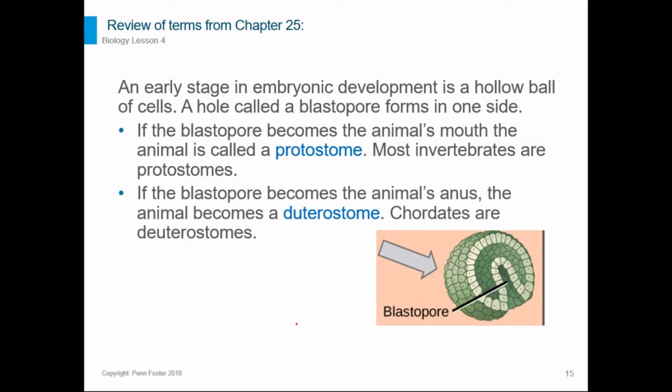If the blastopore becomes the animal's anus and the mouth develops later, the animal is a deuterostome. So a few invertebrates are deuterostomes, and all chordates are deuterostomes. So fun fact, you as a human are a chordate, so you are a deuterostome. So as an embryo, your butthole developed before your mouth.